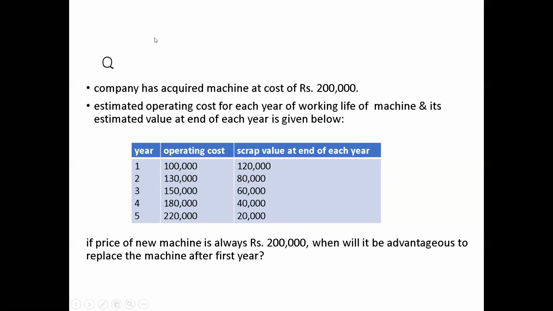For 5 years, the estimated operating cost is given, as well as the estimated scrap value at the end of each year. So if the price of a new machine is always 2 lakh, when will it be advantageous to replace the machinery after first year?